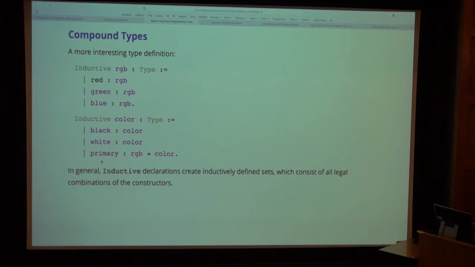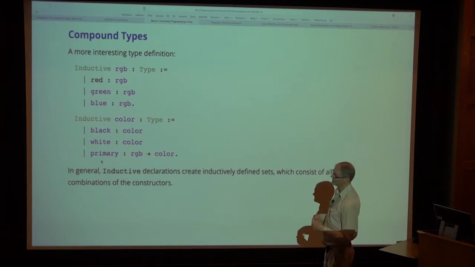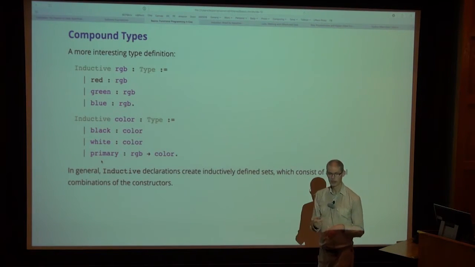Okay, we can build up data types from previously defined data types. So here's a silly example where we define the type of red, green, and blue, primary colors, and then we define another data type of colors where a color is either black or white or a primary color.